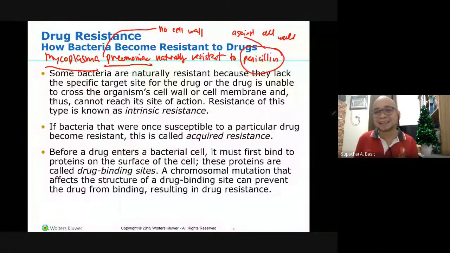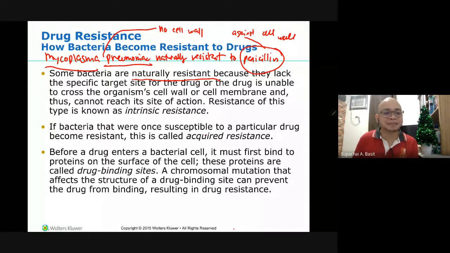Therefore, it cannot destroy a bacteria without a cell wall. So that's why Mycoplasma pneumoniae is resistant to penicillin, because penicillin targets the cell wall and Mycoplasma pneumoniae doesn't have any cell wall. That kind of resistance is called intrinsic resistance, which means that bacteria are naturally resistant.